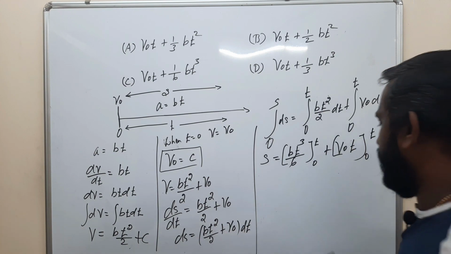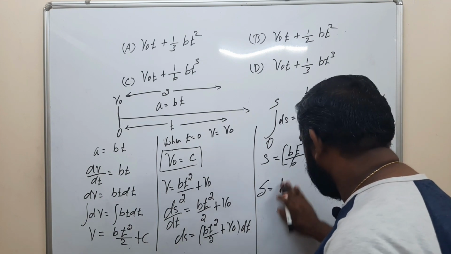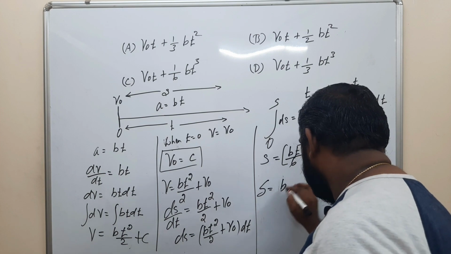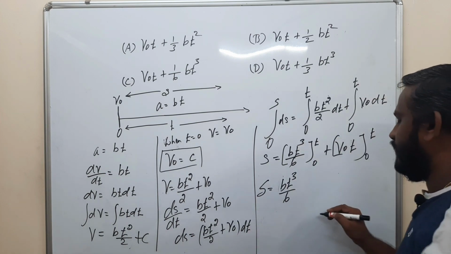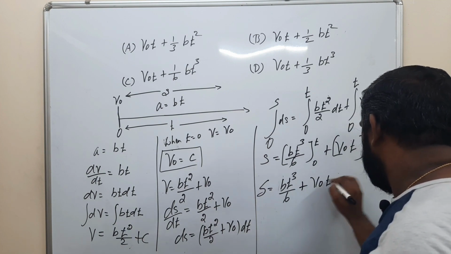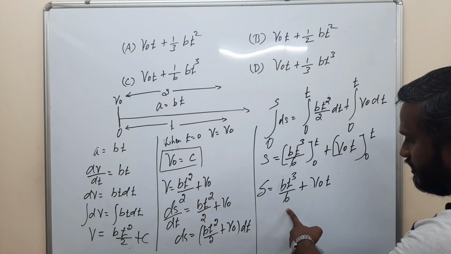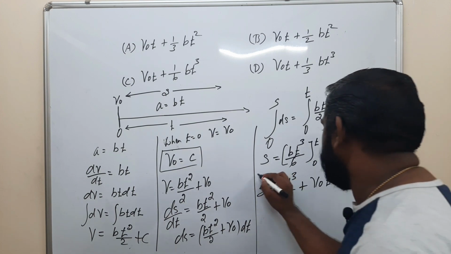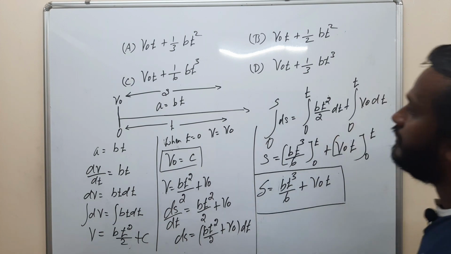So apply the limit: s is equal to bt cube by 6, applying the lower limit 0, plus v0 t. So s is equal to bt cube by 6 plus v0 t. This is the distance traveled by the object in time t.